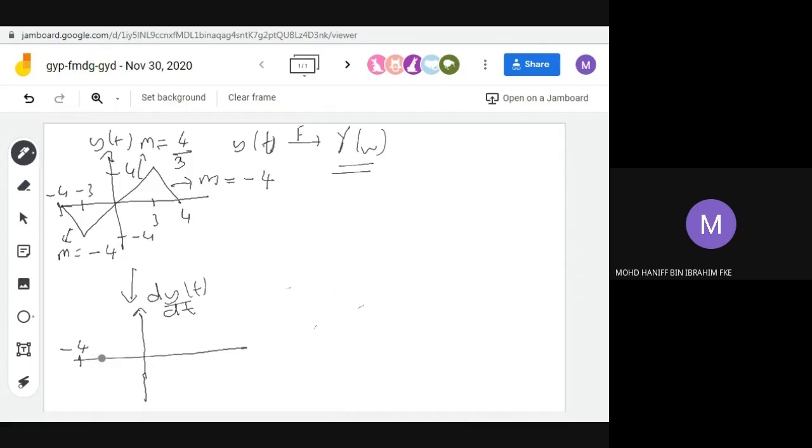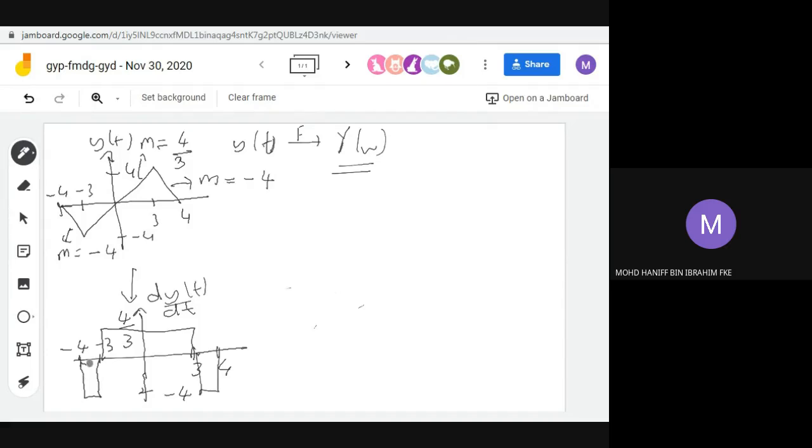Between -4 and -3 we get a constant value of -4. From -3 to +3, we also get a constant, whose value is 4/3 because of the slope. The same applies between 3 and 4: a constant value of -4, similar to earlier. That is your dy(t)/dt.